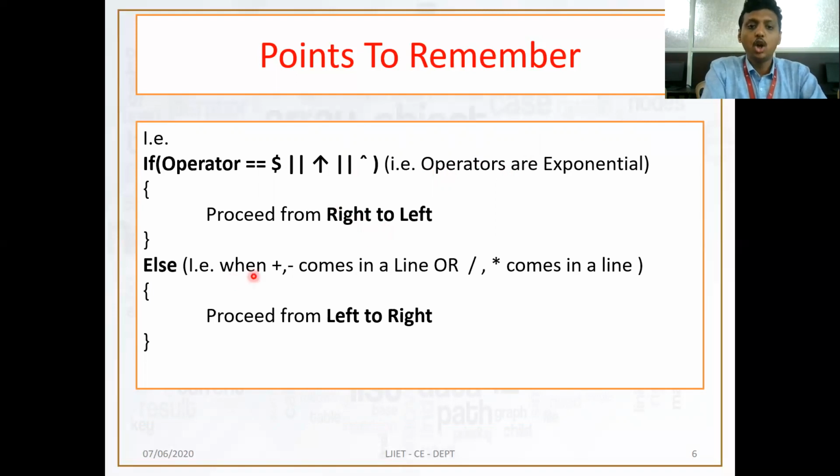But if your operators are plus, minus, division or star, then please proceed from left to right. Just remember this: dollar, arrow, caret, then right to left; plus, minus, division, star, then left to right. That's fine. Now let's move ahead.